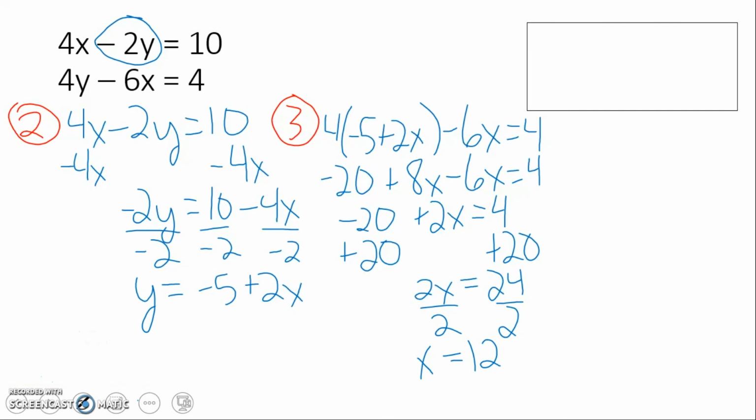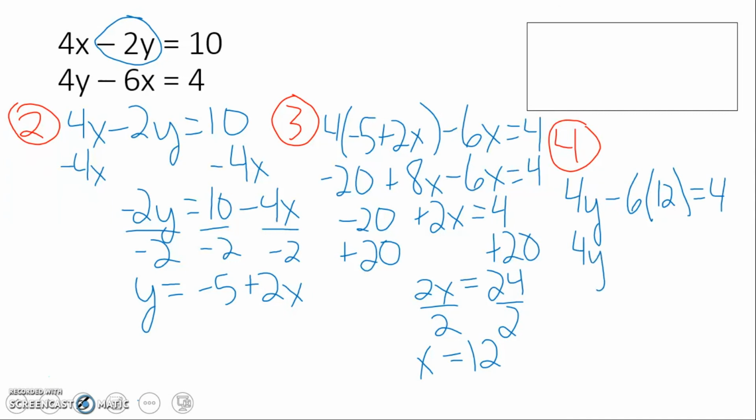And then the last step is going to be to take that value and substitute it into one of the original equations. I'm going to choose the second equation. So we'll get 4y minus 6 times 12 equals 4. So that's 4y minus 72 equals 4.